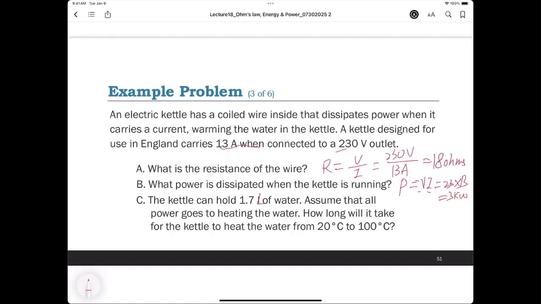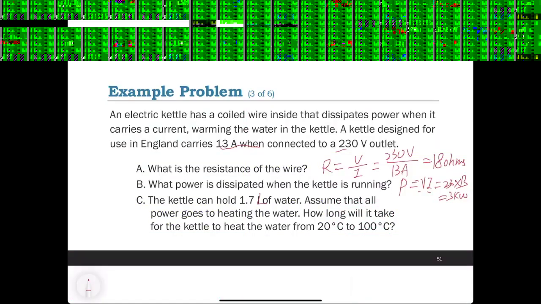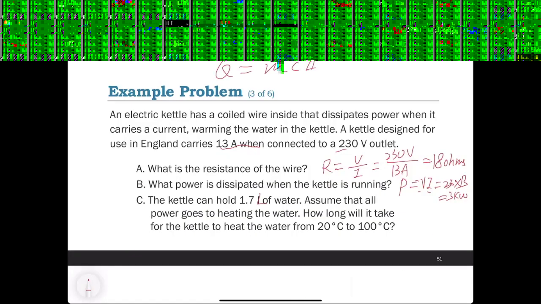If you forgot it, you can review it. The energy required is Q equals m c delta T, where delta T is the temperature difference and c is the specific heat capacity of water.